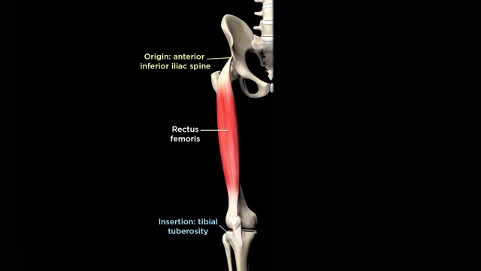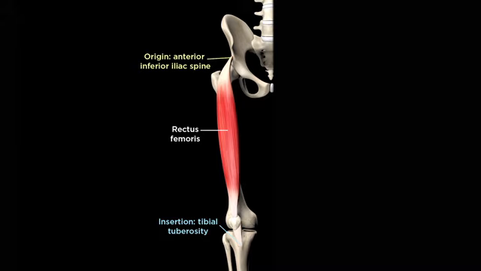Though it's generally a familiar group of anterior thigh muscles, many people don't realize that the rectus femoris also crosses the hip joint, and it's the only one of the quads that does. Rectus femoris originates on the anterior inferior iliac spine and partly on the rim of the acetabulum, crosses the anterior hip joint, and then inserts by the patellar ligament onto the tibial tuberosity, crossing the anterior knee joint.